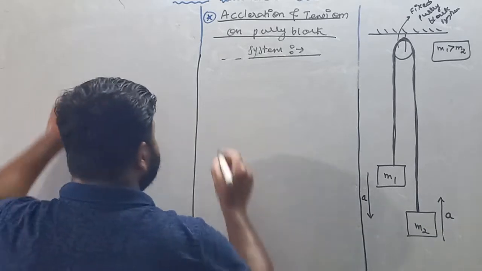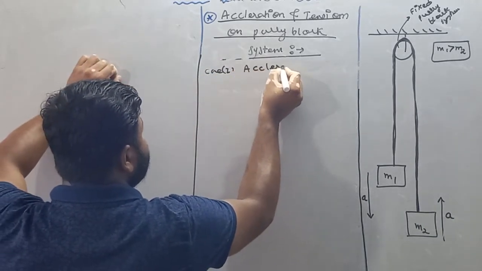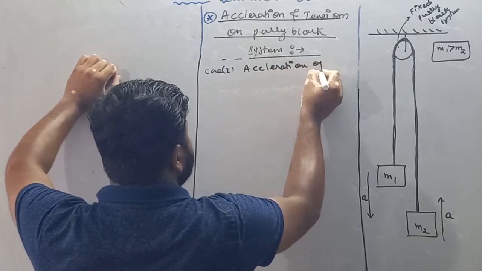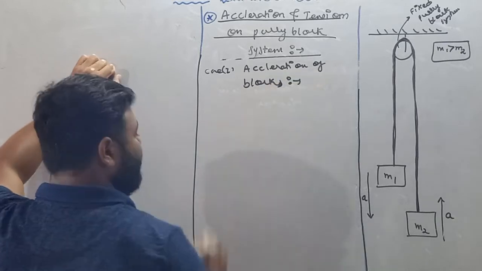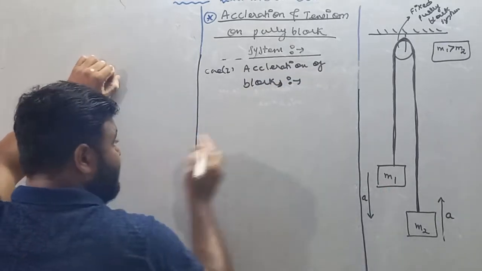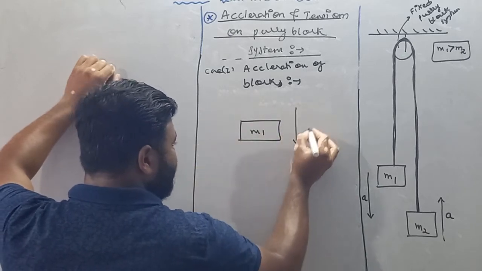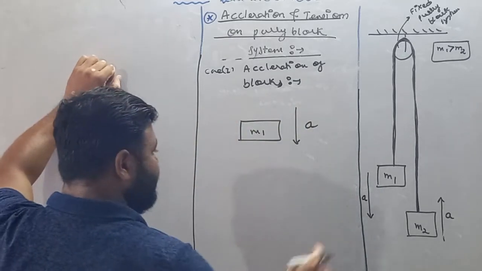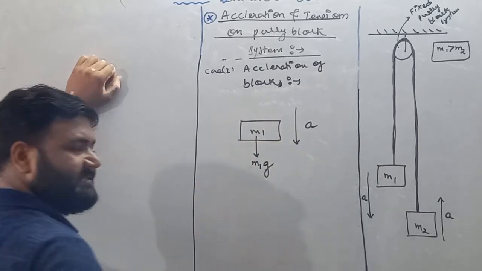So try to make case first: I am finding the acceleration of blocks. So make the FBD. I'll make the FBD of M1. See, M1 is moving down with acceleration A. If mass is M1, then we know that the weight is there, that is M1g.